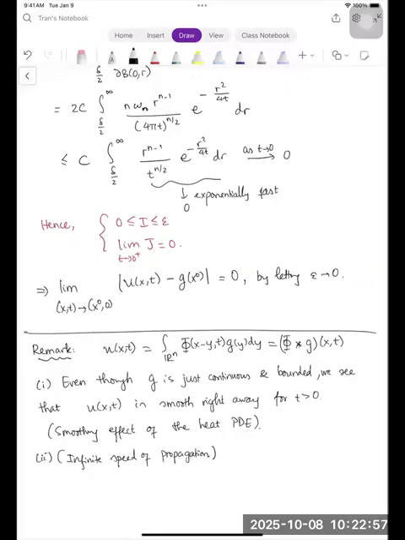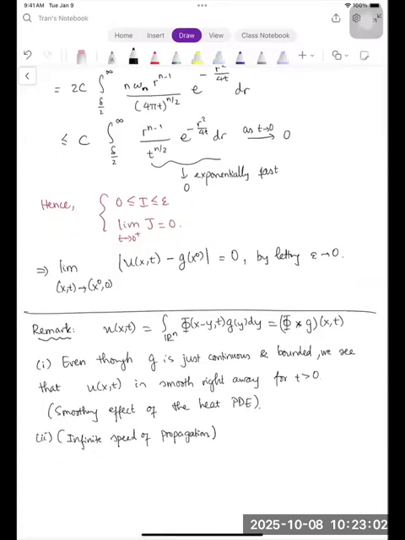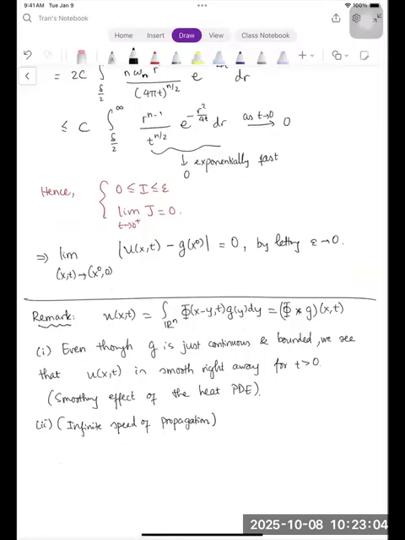Infinite speed of propagation here means that although you can start with, say, initial data that has compact support.